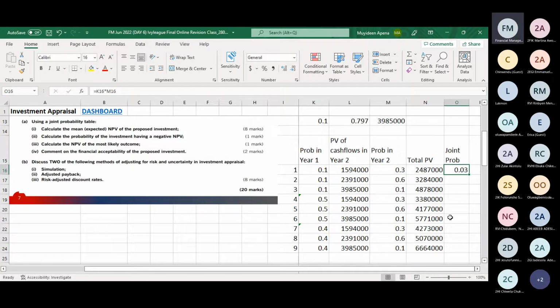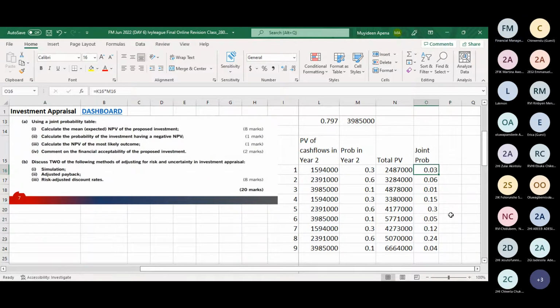So the first scenario is going to be a 3% situation on a joint probability basis. Are we following? We'll repeat all of those in other scenarios. So we have different joint probabilities, which means that we can then calculate the expected present value for each scenario.